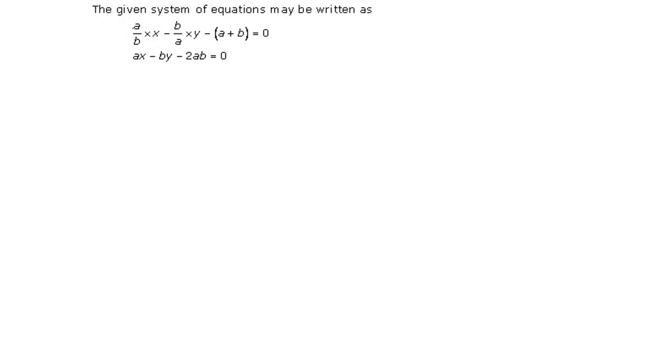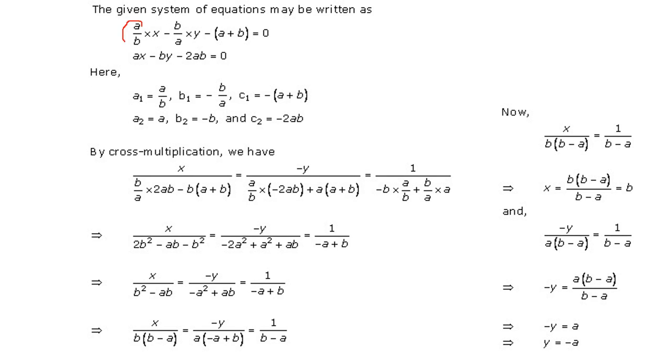Here you have a by b as a1, a as a2, minus b by a as b1 and minus b as b2, then minus a plus b as c1 and minus 2ab as c2. Do the cross multiplication and x will be this value, okay, b, and y will be simply minus a.